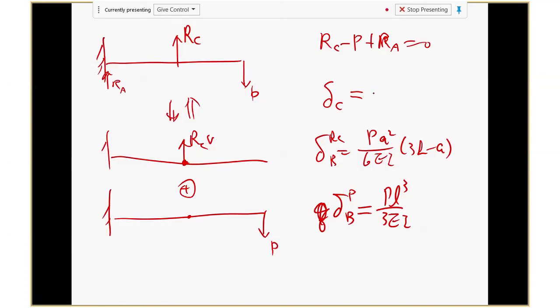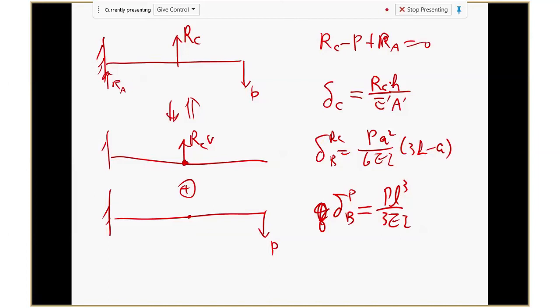Equals this RC times the length of the cable over the E of the cable times the A of the cable. Because the C point is going to move a distance that actually stretches the cable. So how much the beam moves at the point C has to equal how much the cable elongates.